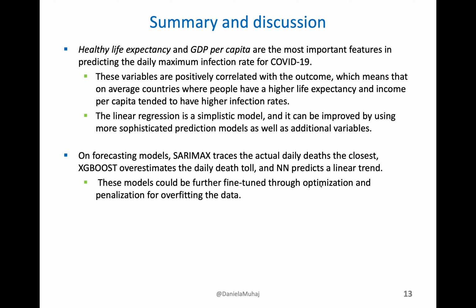On forecasts, SARIMAX traces actual daily data for deaths a lot better than the other two. XGBoost overestimates it, and the neural network predicts more of a linear trend. These models could also be further fine-tuned through optimization and also penalizing for overfitting the data.